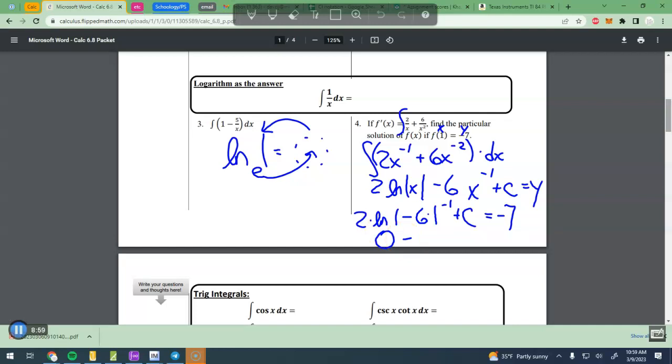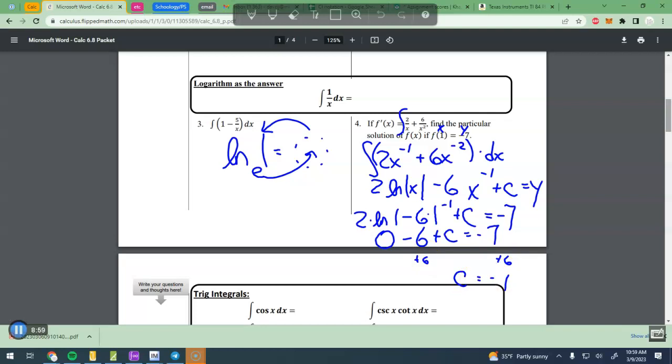Then 1 to the negative 1 is 1 raised to the first, which is 1, and then flip it over, still 1. Then multiply by 6, so negative 6, plus C equals negative 7. Add 6, and I should get C equals negative 1.